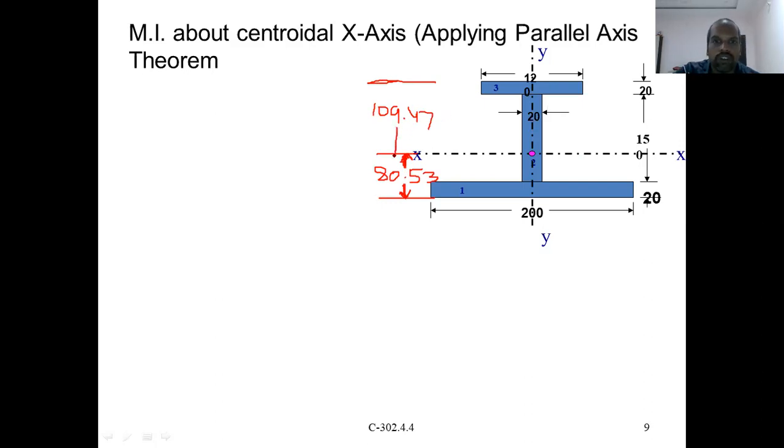From here to here it is 109.47. This may be required for some cases, so it is better to put this in the figure, so later that will become very easy.